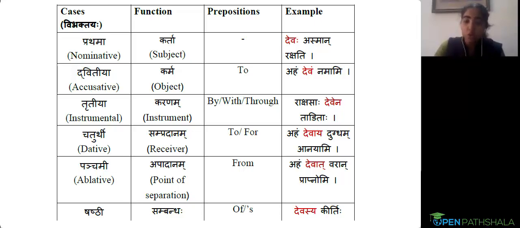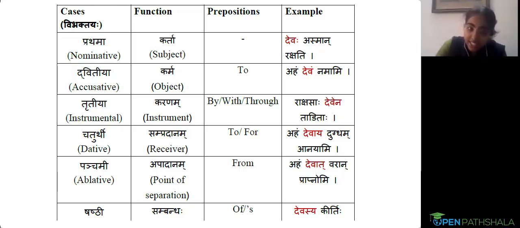Now the action of protection is done by God. So Deva or God is in the position of a doer or subject in this particular sentence. So the form Devaha is the prathama vibhakti of the word Deva.